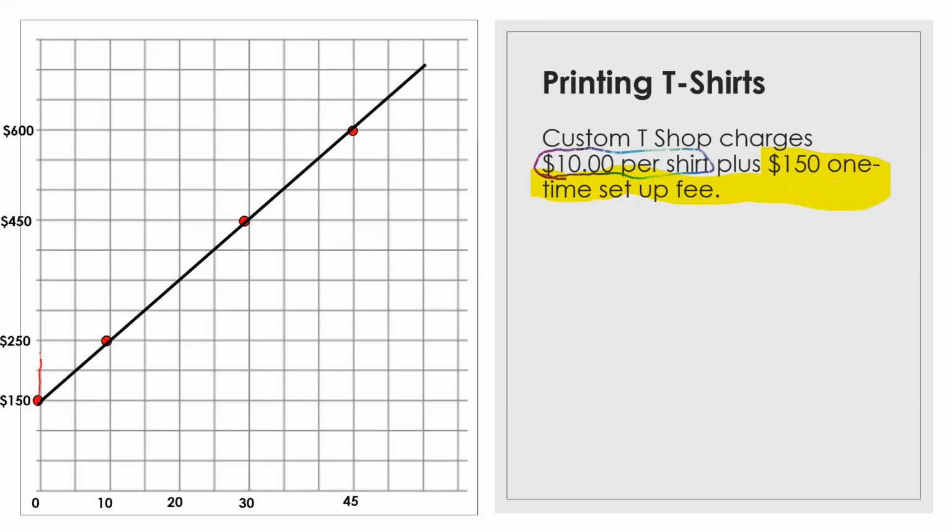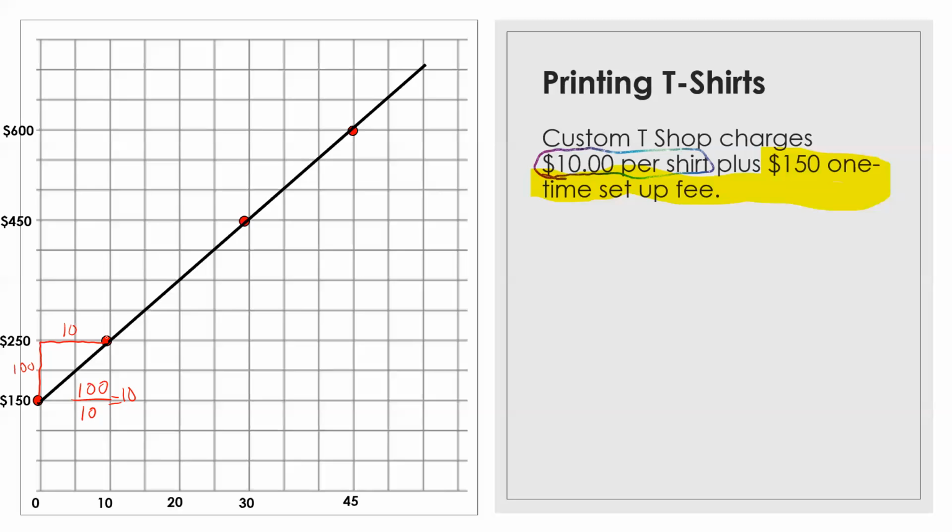Say from 0 to 10, this would be what? The change here is 100, right? And the change here is 10 shirts. So I would have 100 over 10, and that is 10. And where did we see that 10 before?